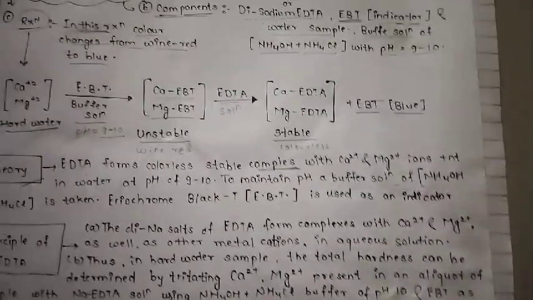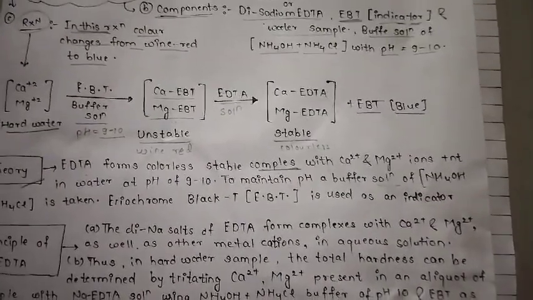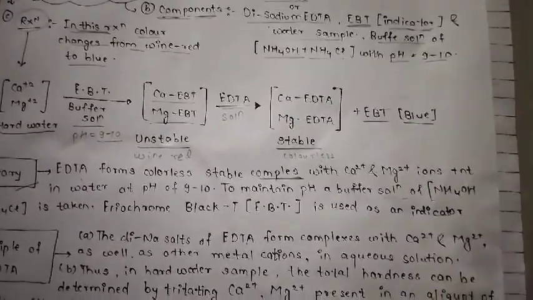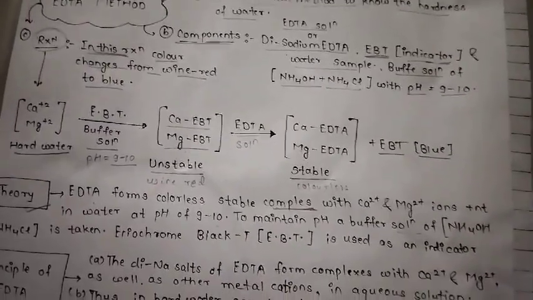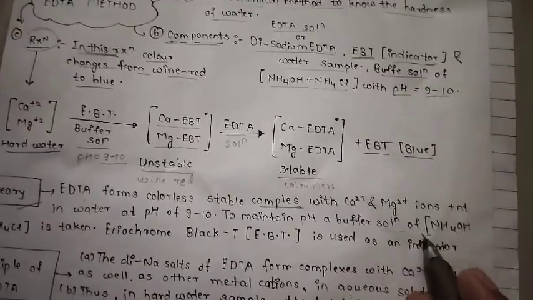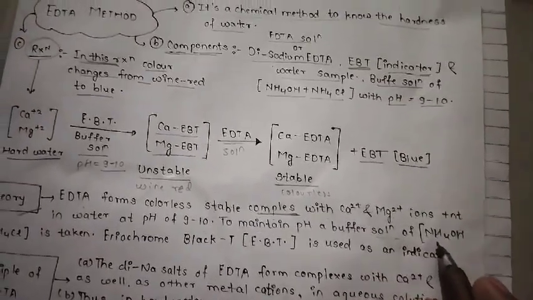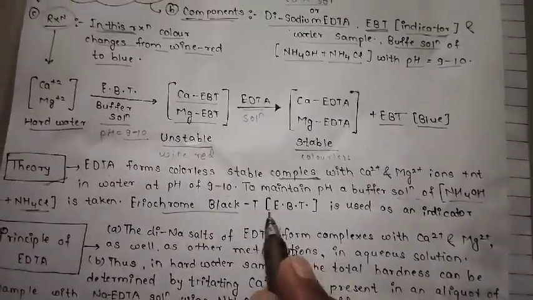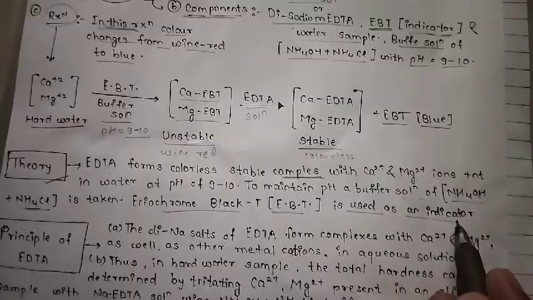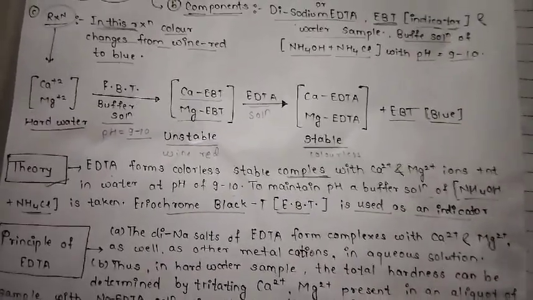Guys, as you have learned in 12th standard, a buffer solution is a solution whose pH remains as it is; its pH does not change. The buffer solution we are considering here is made up of ammonium hydroxide and ammonium chloride. Eriochrome Black T, that is EBT, is used as an indicator, or you can say metal indicator.